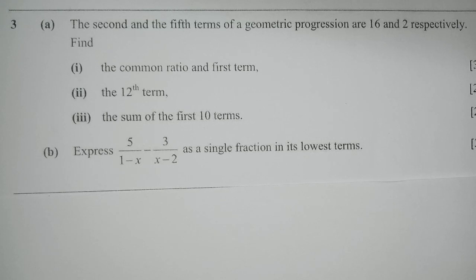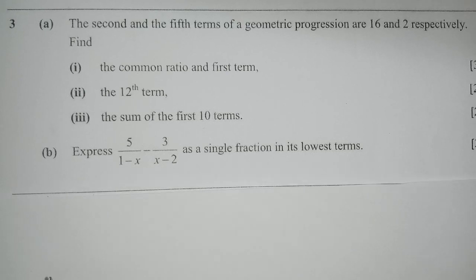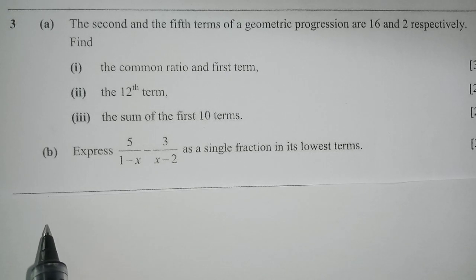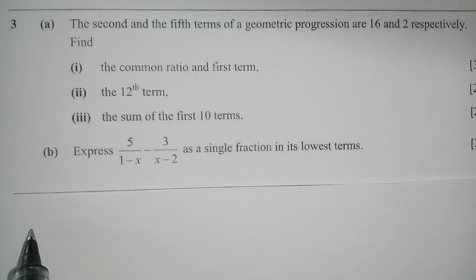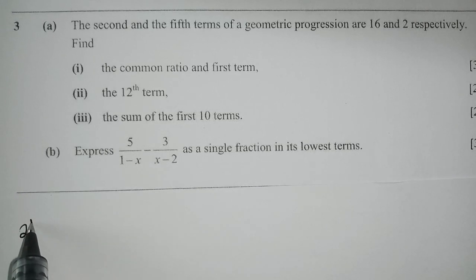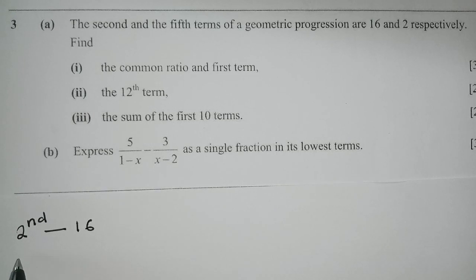Find the common ratio and the first term. So here we will first gather our data. So they have said the second term is 16. The fifth term is 2.